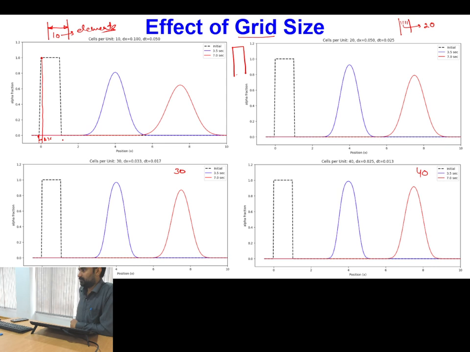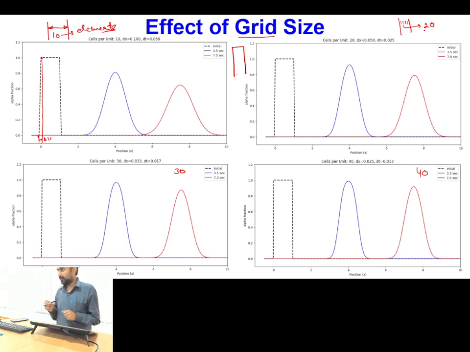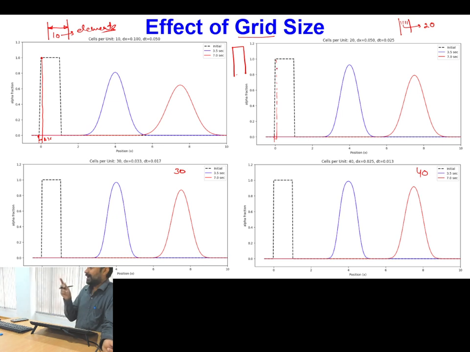Whenever we increase the number of divisions, we are decreasing the cell size, so this distance is small and the 0 to 1 angle will be less.